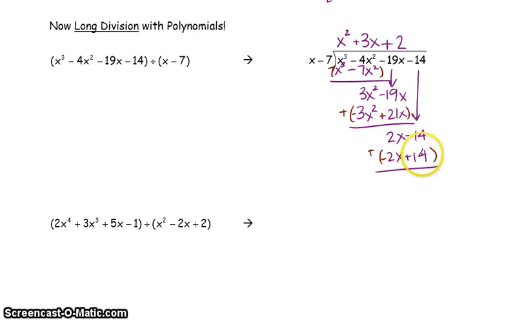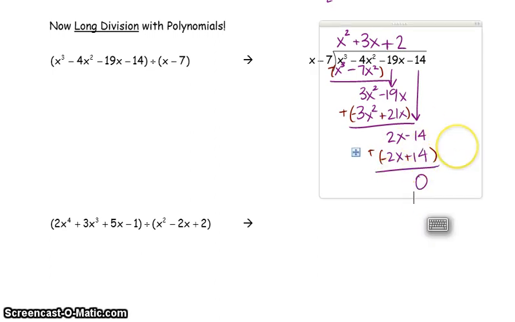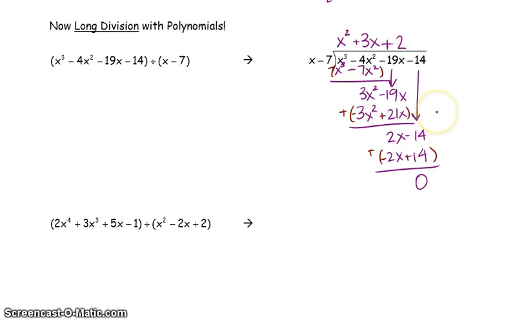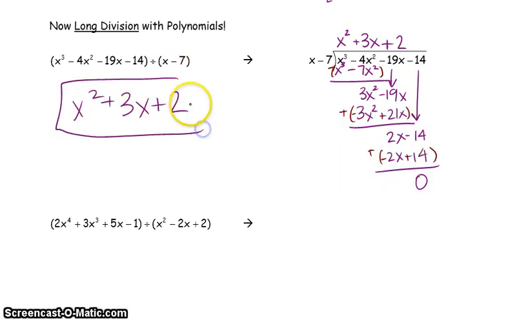So your 2x's cancel and your 14s cancel, and you're left with 0. Okay, so that means we don't have any remainder, and when you divide x cubed minus 4x squared minus 19x minus 14 by x minus 7, you will get as your final answer x squared plus 3x plus 2.